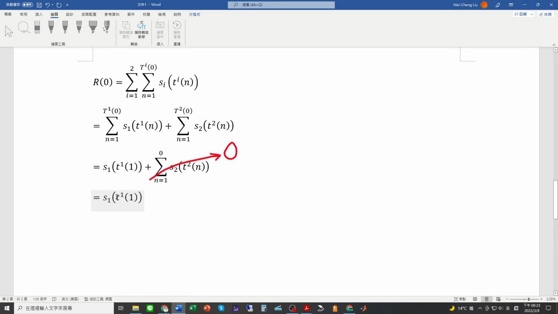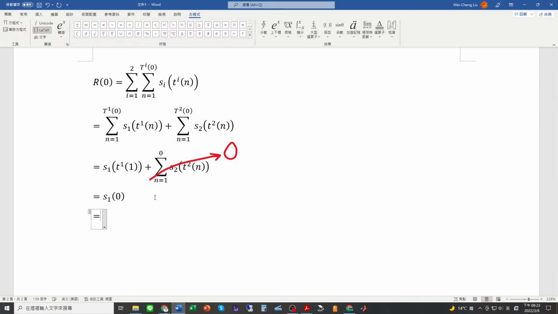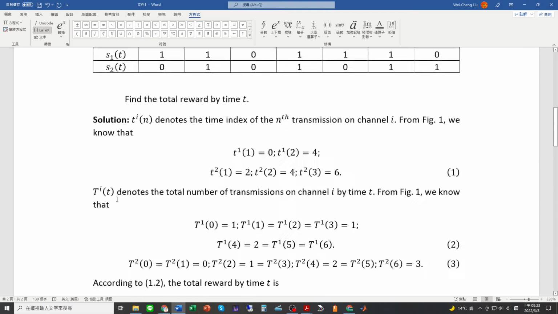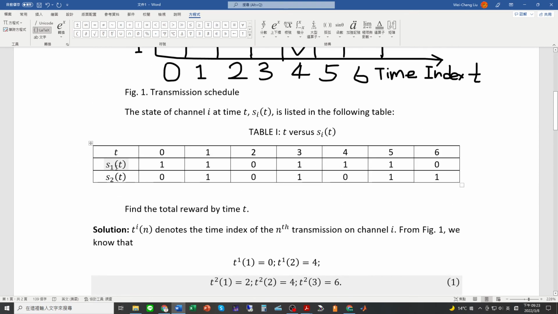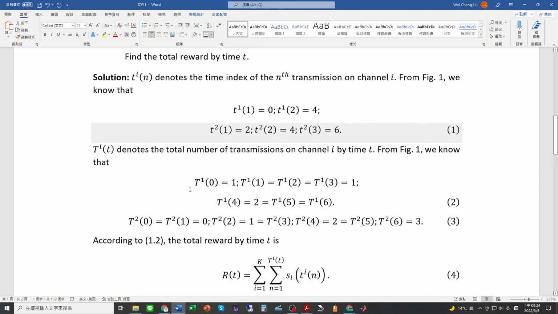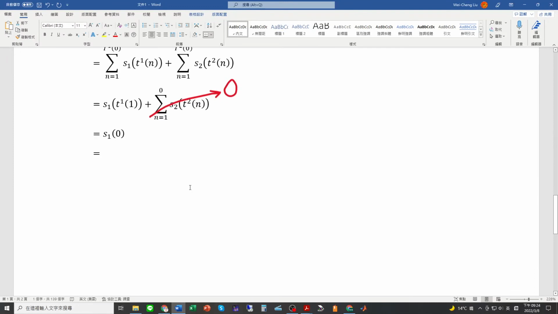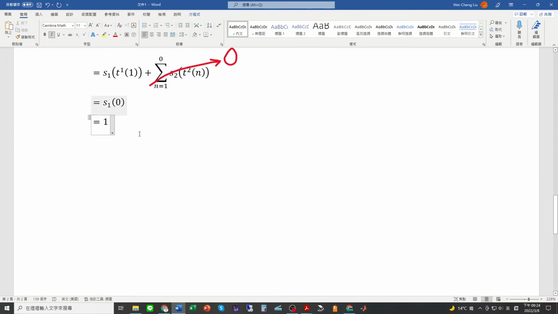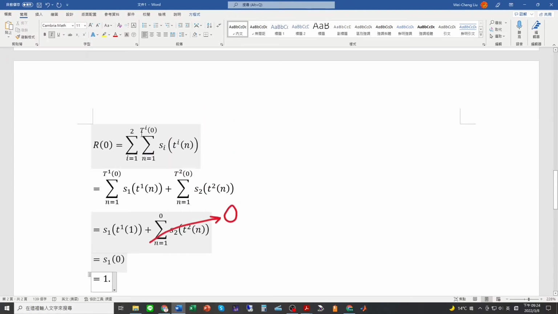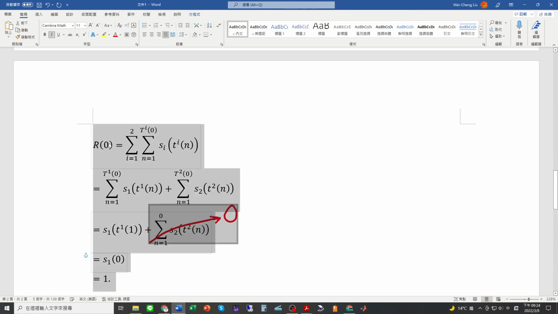So we can replace this term by 0, s1 of 0. And what is the value of s1 of 0? We can check the table. s1 of 0 is this term, so this is equal to 1.